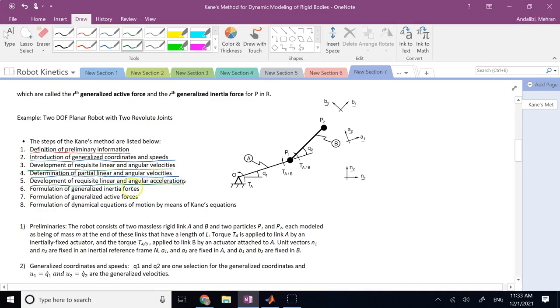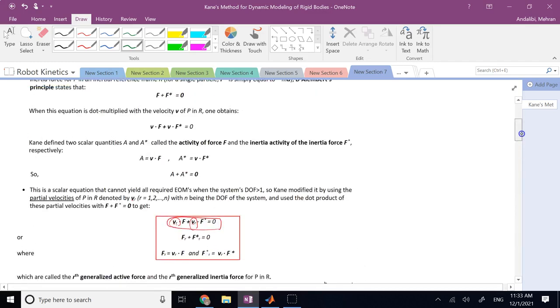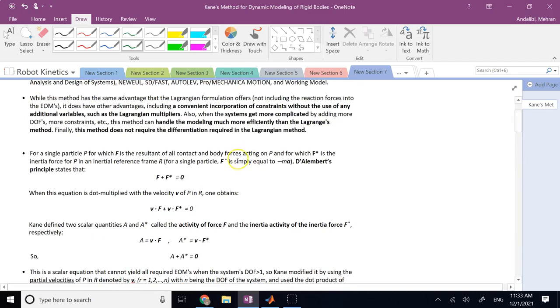We need the accelerations because these inertial forces, Fr star, if you remember, they are the masses times the accelerations. Correct? Just go back here. For a single object, this F star is negative m times a. So I need to know a in order to determine F star.